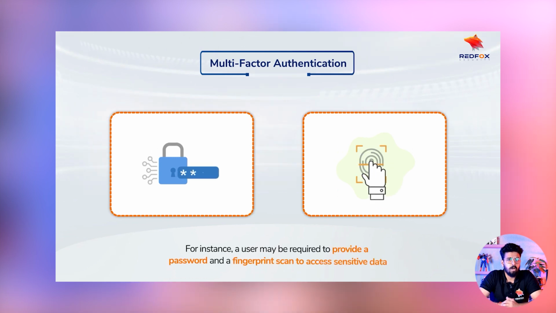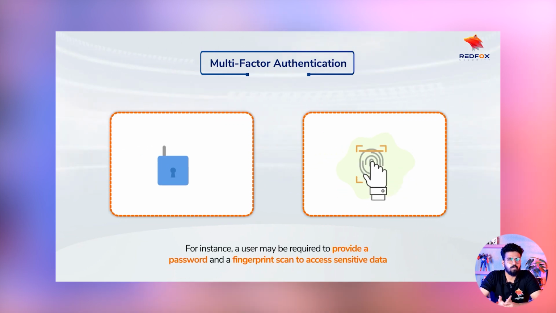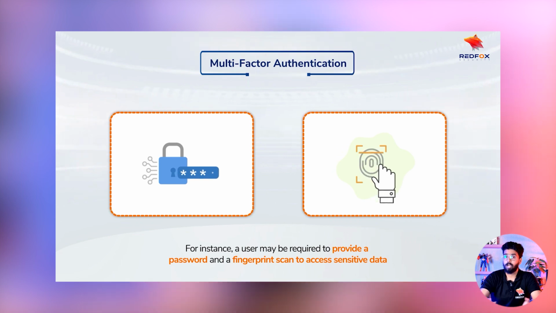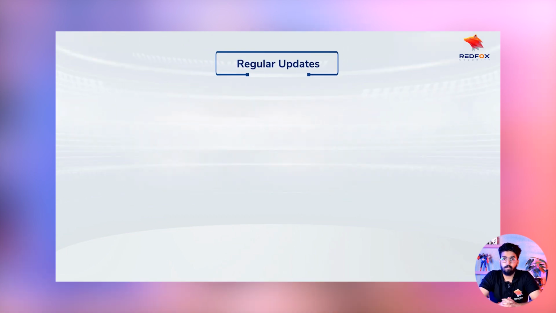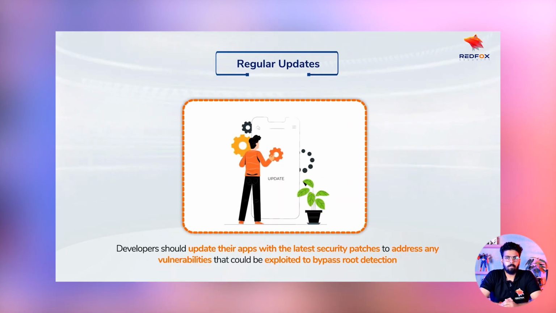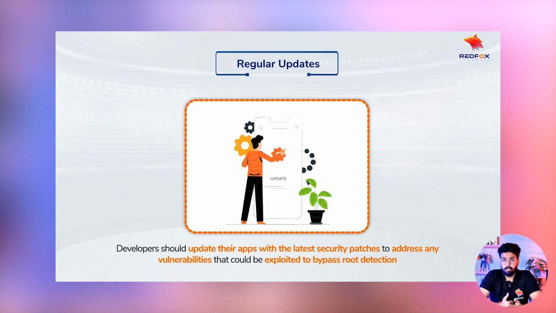For instance, a user may be required to provide a password and a fingerprint scan to access the sensitive data. Regular updates. Developers should update their apps with the latest security patches to address any vulnerabilities that could be exploited to bypass root detection.